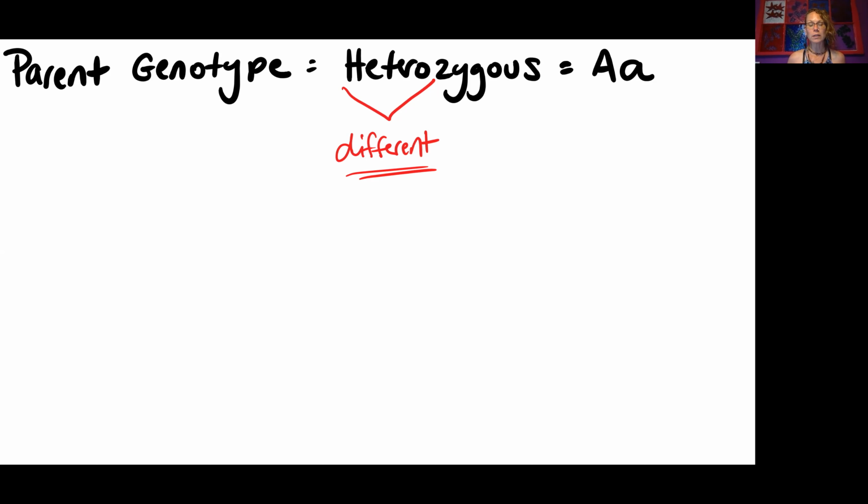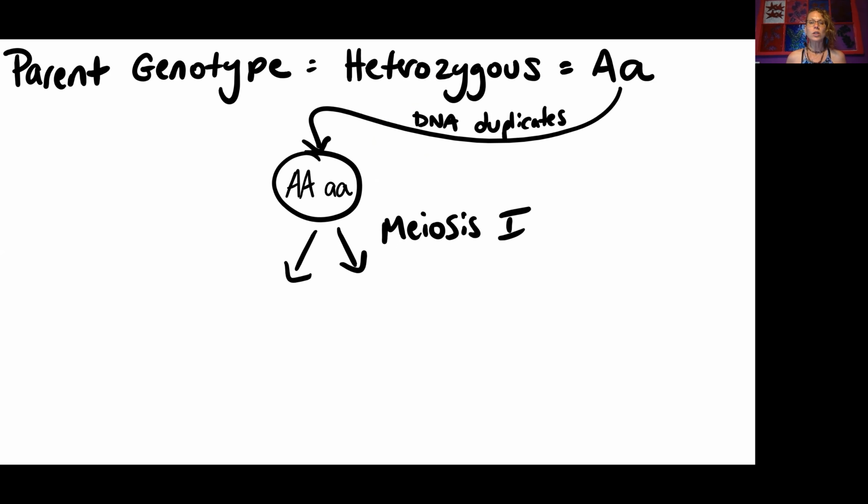So what we're going to do next is trace through meiosis to figure out what type of gametes each parent can produce. Okay, so remember, if the parent starts out as diploid, meaning they have a complete set of DNA, before the process of meiosis even occurs, the cell is going to duplicate or replicate that DNA. So here you can see I've represented that. I now have 2 copies of my chromosome with my capital A and 2 copies of my chromosome with my lowercase a.